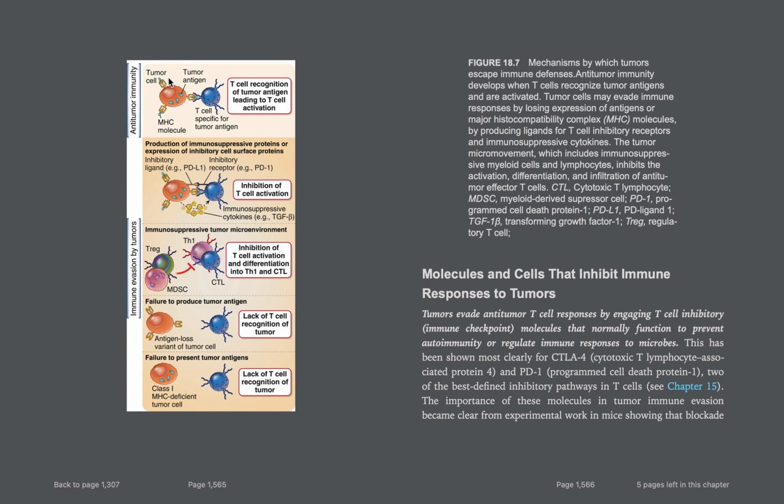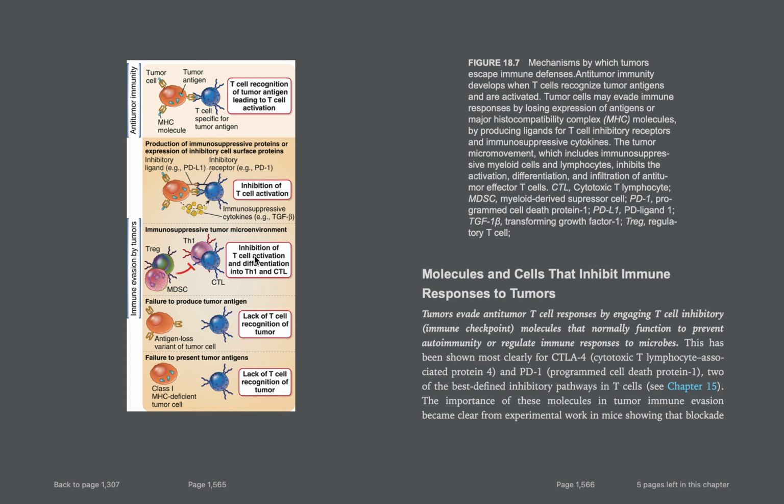Anti-tumor immunity. Actually, tumor antigens will be shown by the antigen presenting cell. Then T cell recognition of tumor antigen leads to T cell activation. Production of immunosuppressive proteins or expression of inhibitory cell surface proteins, for example PD1 ligand 1, will always inhibit the PD1 in T cells, and therefore prevent killing.